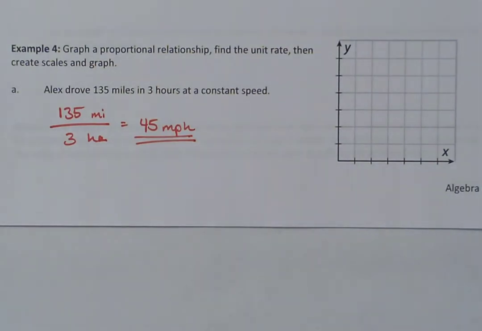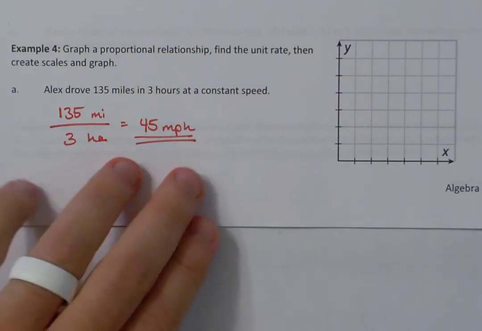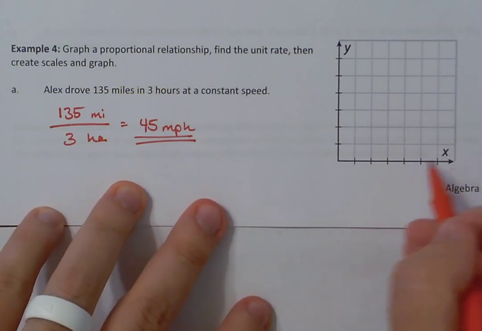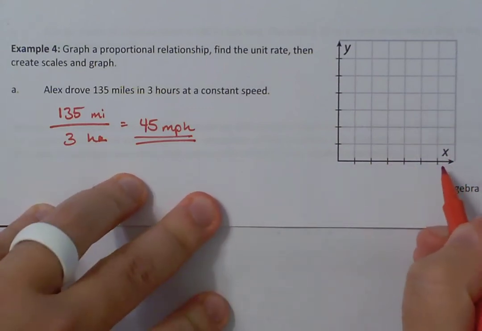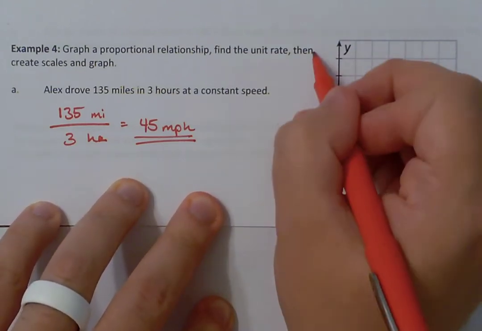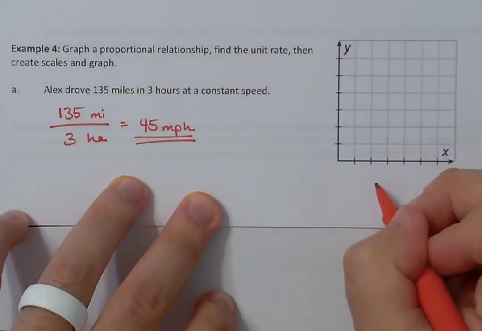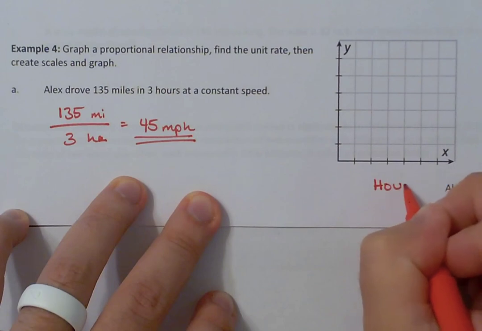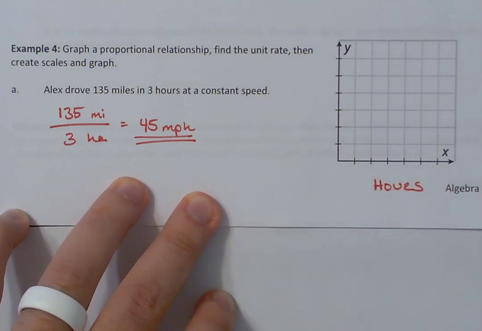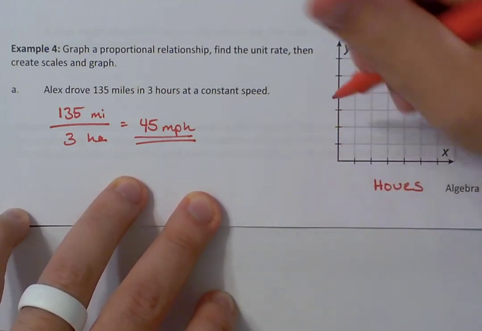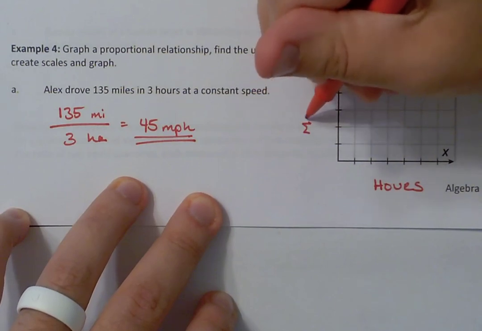Now, it wants us to graph this situation. So if we're going to set up our graph, x is going to relate to time and y is going to relate to distance. We are talking about miles and hours, so our time is going to be hours, and our distance is going to be miles.